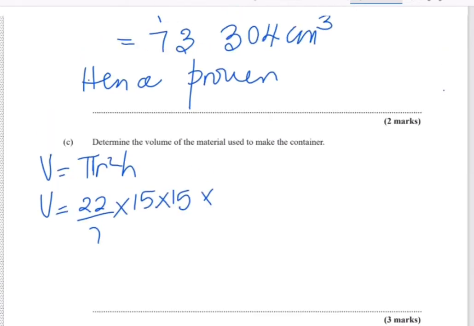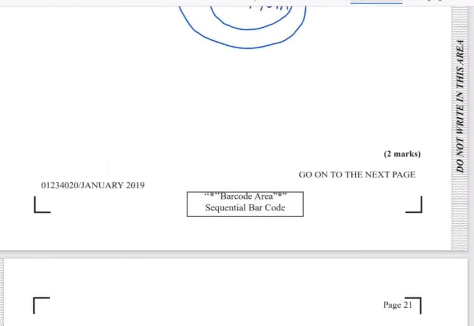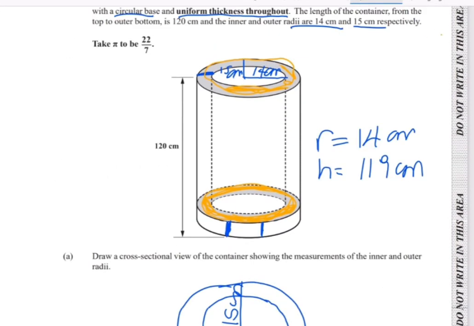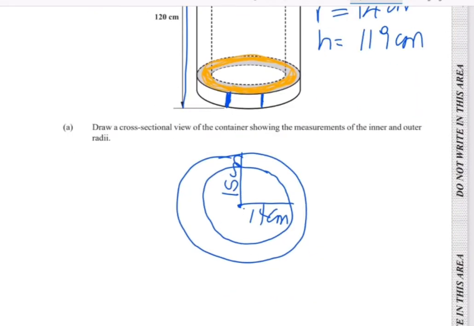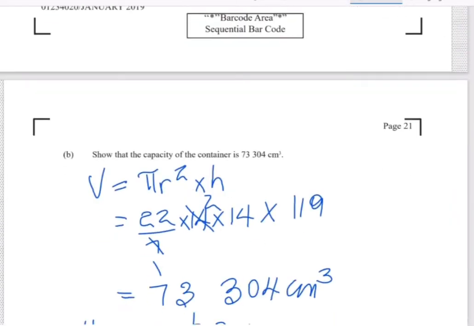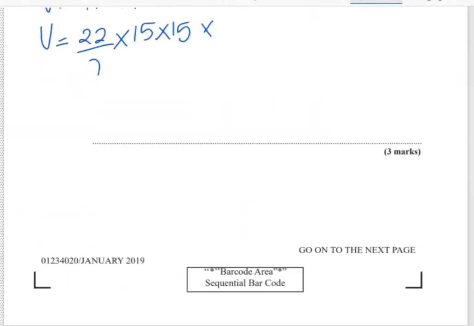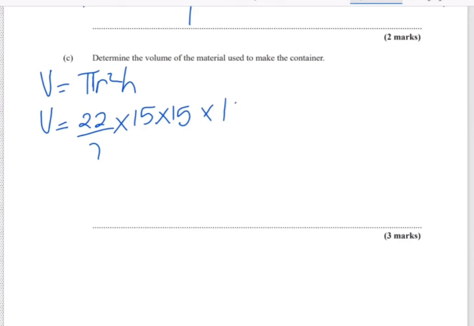And this time h, we're looking at the bigger circle, so it's going to be the entire length coming up. So we're using 120 centimeters.